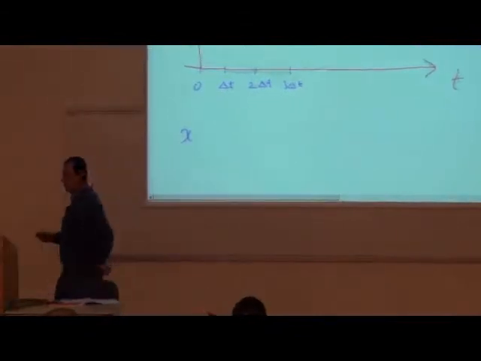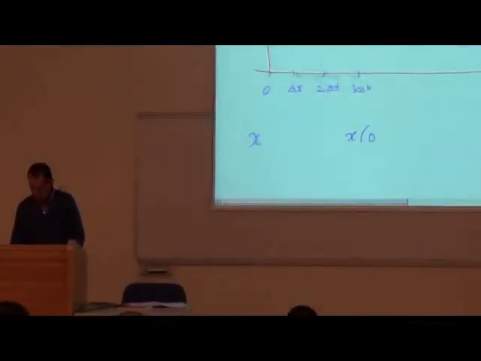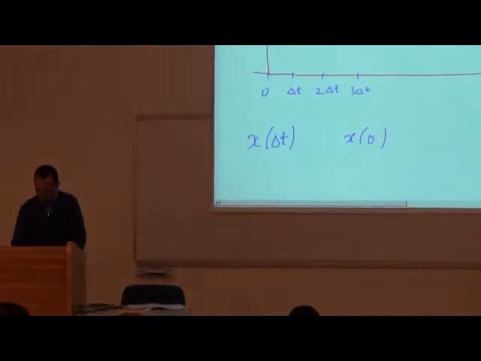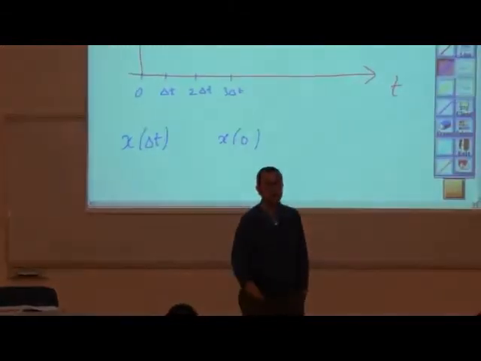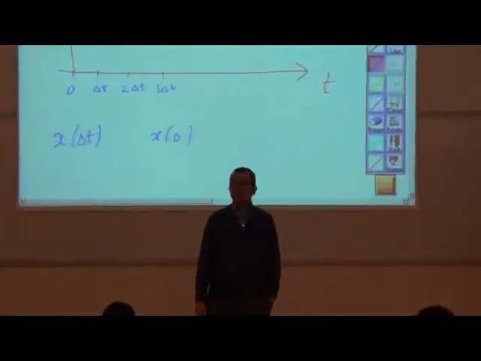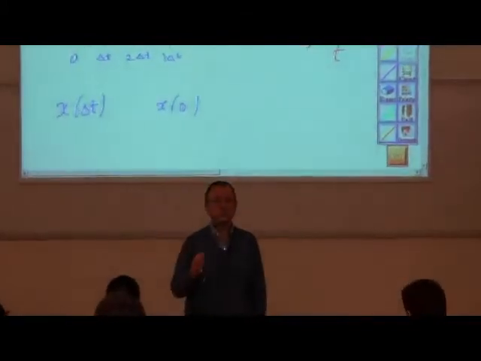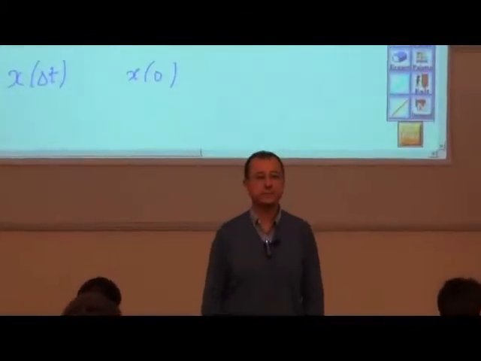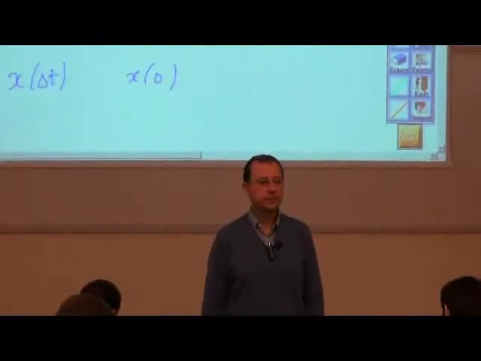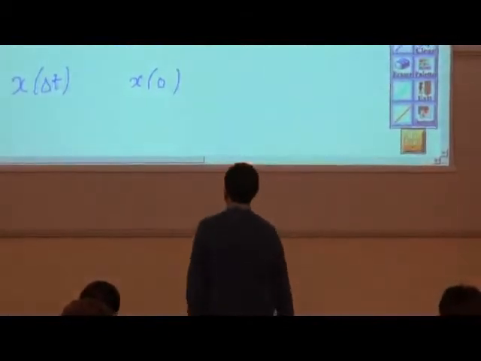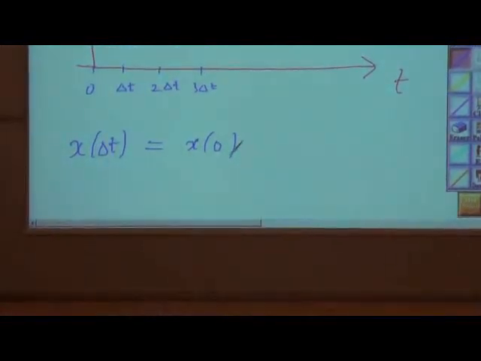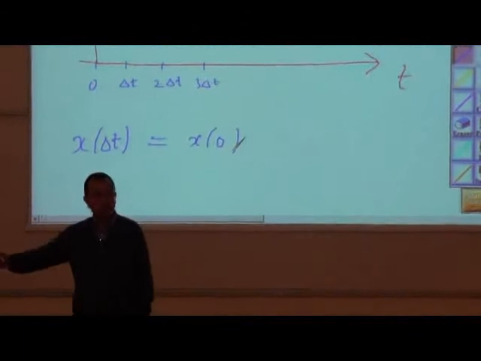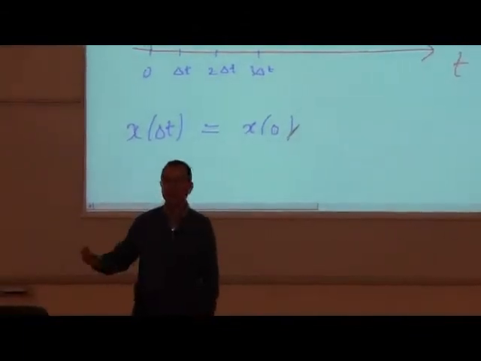Now, if your object started motion at t equals 0, and at that moment you know its position, you call that x0. And you want to find out where your car or your object is at delta t seconds later.